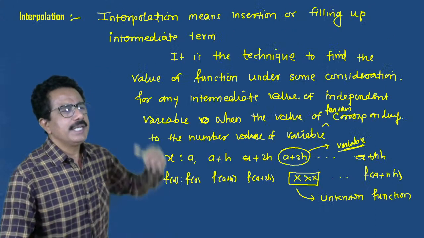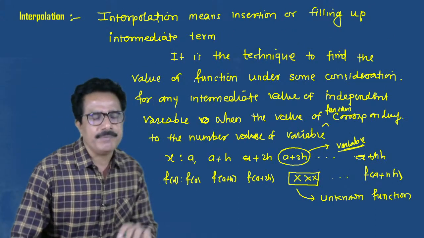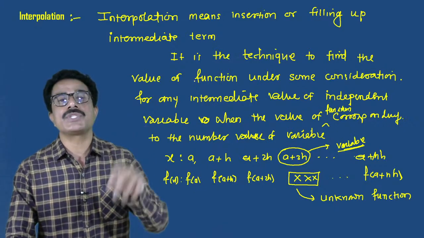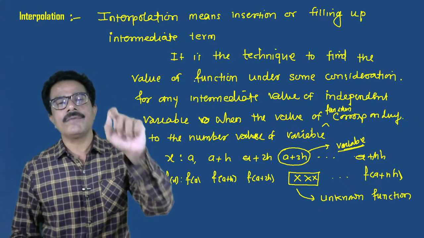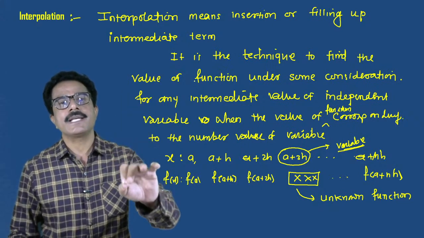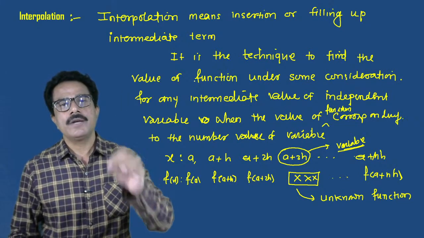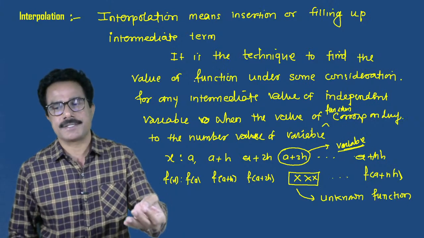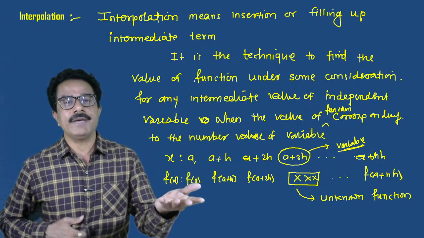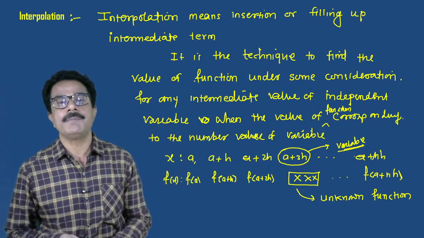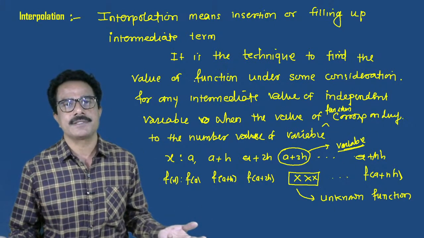Interpolation and extrapolation are both processes for finding the unknown value of f(x). If x is the independent variable, then its dependent value is f(x).